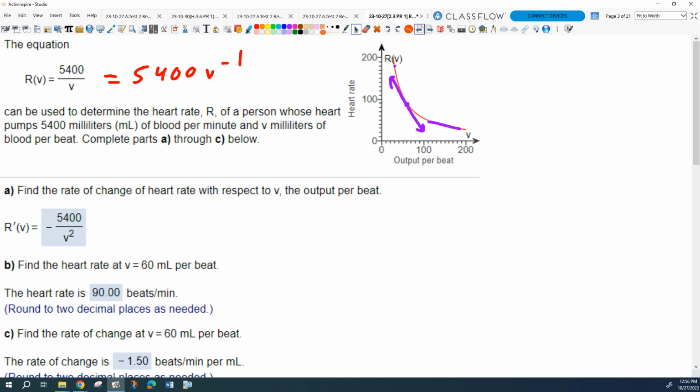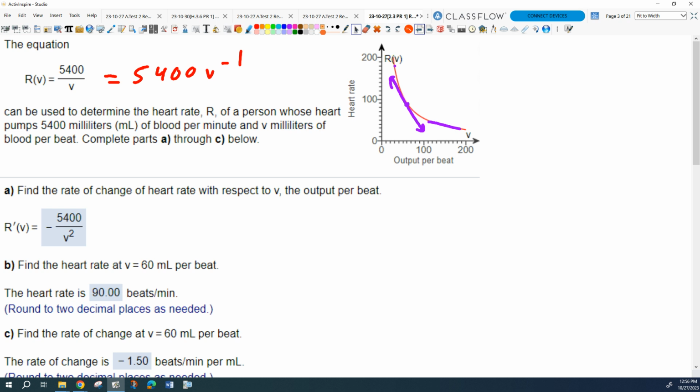The derivative is the rate of change of heart rate with respect to stroke volume. So it's units of heart rate over units of stroke volume, which would have been beats per minute per milliliter, right there.